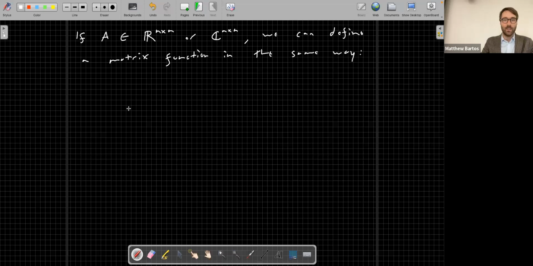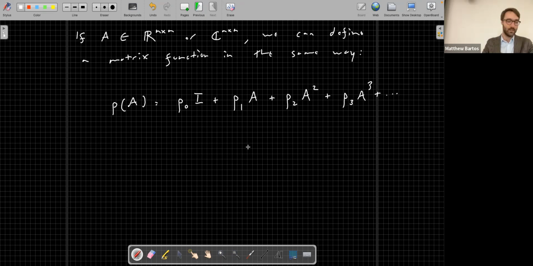All right, so we have that P of A is going to be equal to P naught times I plus P1 times A plus P2 times A squared plus P3 times A cubed, and so on and so on. So in summary, the analytic function of a matrix is defined the same way that a scalar function is defined, in terms of its Taylor expansion.